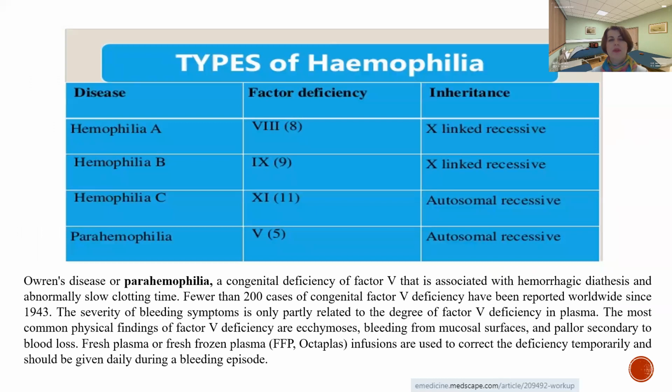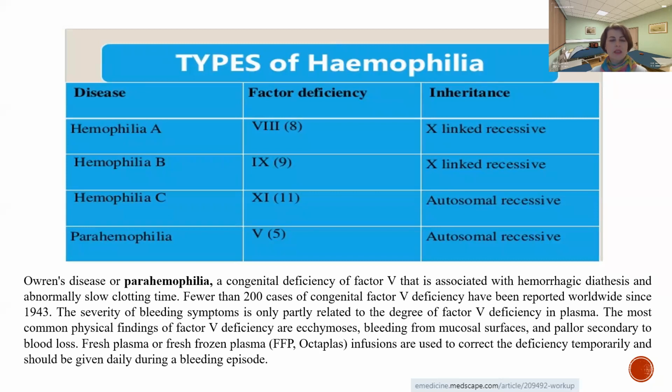There is another type of hemophilia called parahemophilia or Owren disease. It's a congenital factor 5 deficiency that is associated with hemorrhagic diathesis and abnormally slow clotting time. Fewer than 200 cases of congenital factor 5 deficiency have been reported worldwide since 1943.